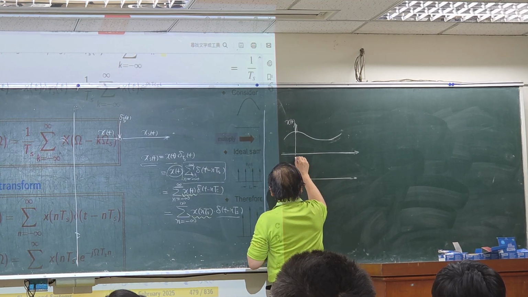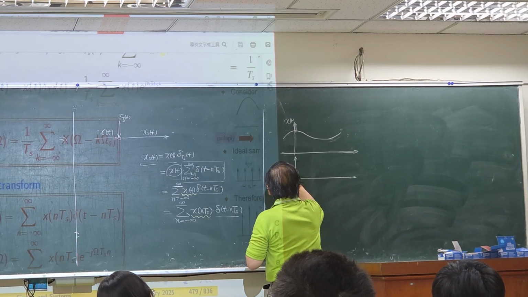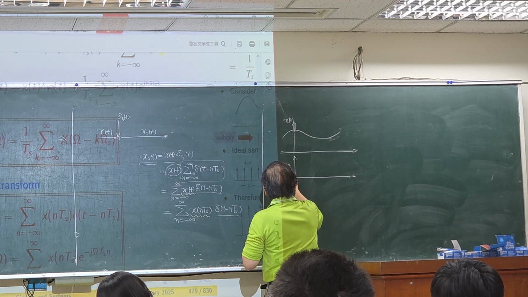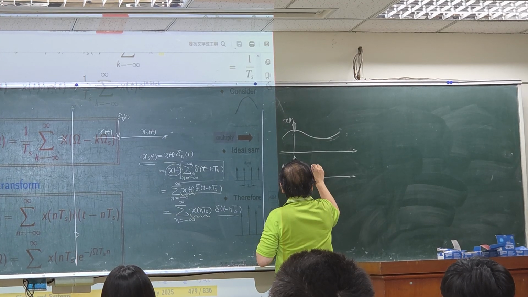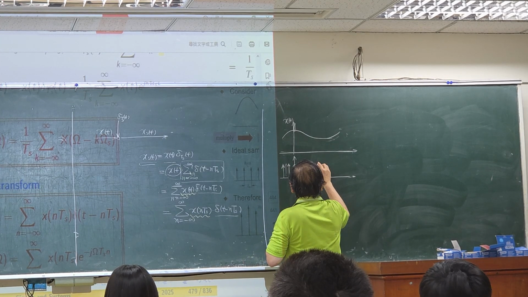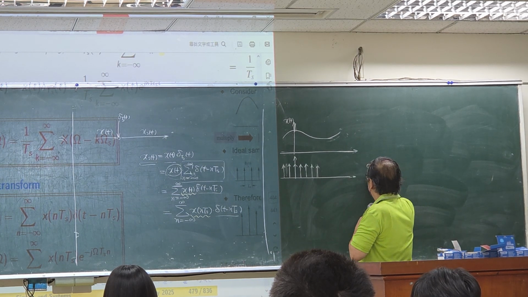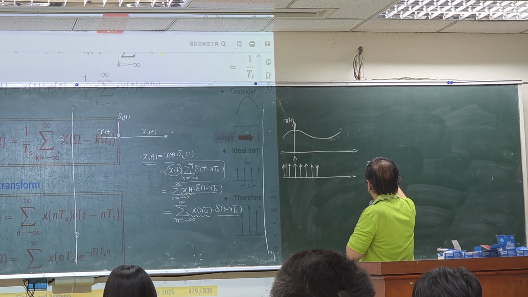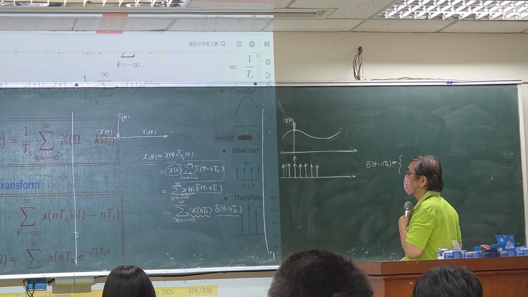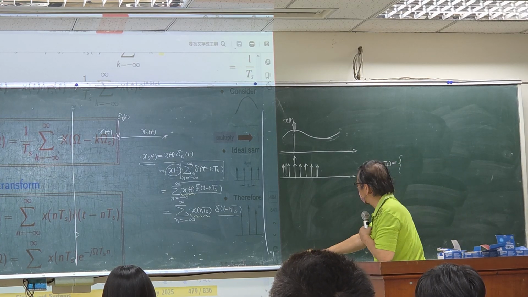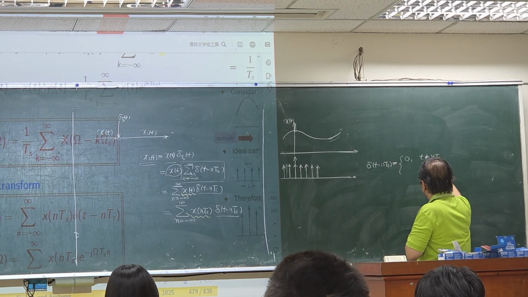Delta of t minus nTs is equal to 0 when t is not equal to nTs, right?